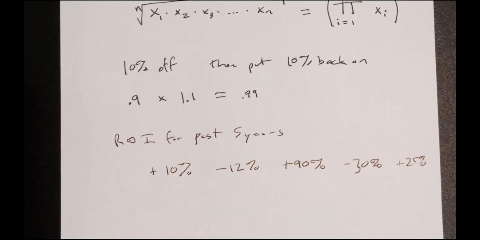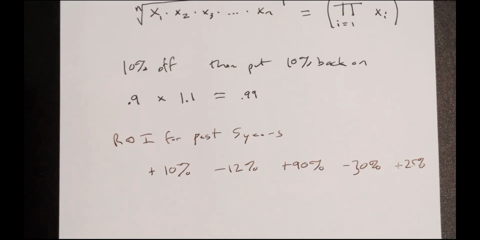Question. I get audited by the government. The government says, you are advertising your average return for the past 5 years. And you're using the wrong number. What is the arithmetic mean of these numbers?